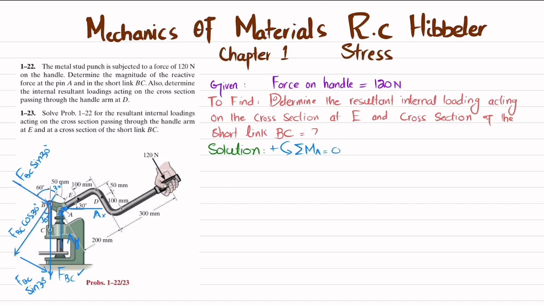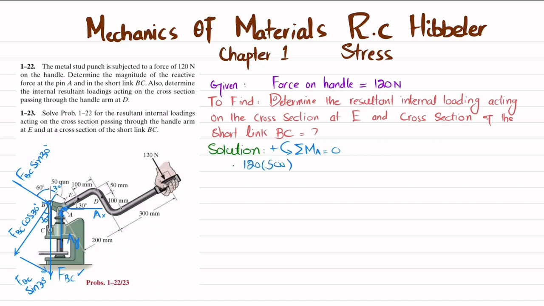Okay. Now the sum of all moments about point A must be equal to 0. The first load is 120 and the perpendicular distance is this 500, and this is producing a clockwise moment, so it will be negative. So I will write first minus 120 into 500.